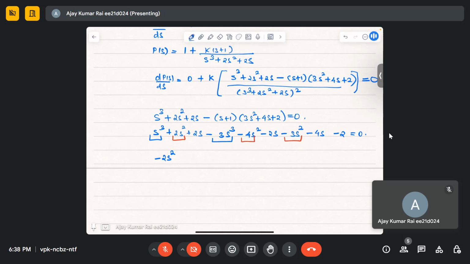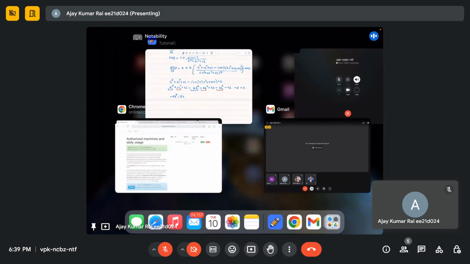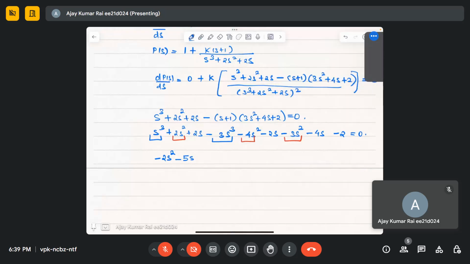The first term will be 2s cube. Sorry, that is cube, correct.